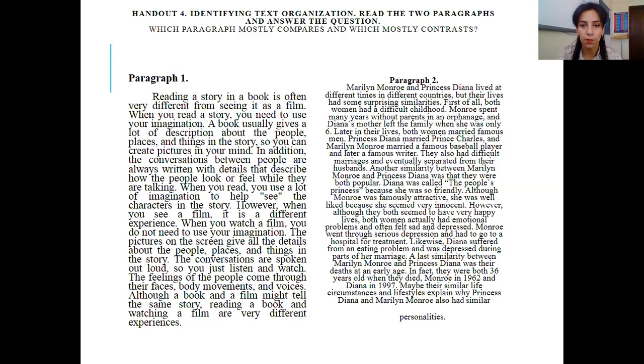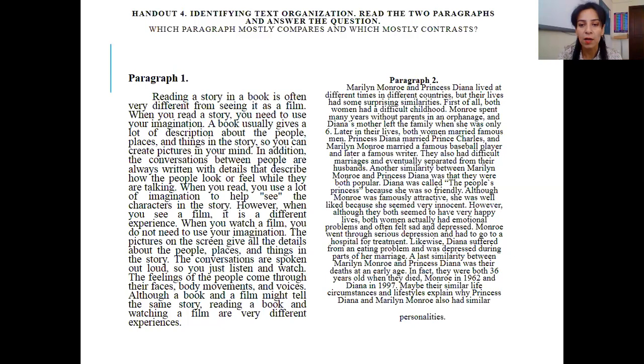Paragraph number 2. Marilyn Monroe and Princess Diana lived at different times in different countries, but their lives had some surprising similarities. First of all, both women had a difficult childhood. Monroe spent many years without parents in an orphanage, and Diana's mother left the family when she was only 6.